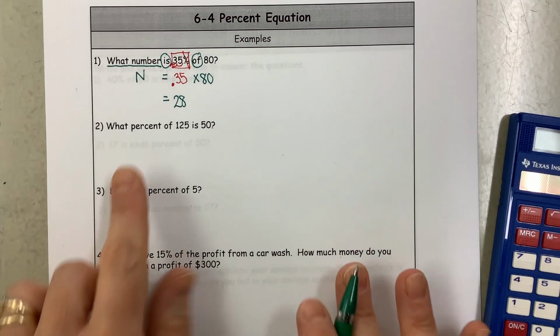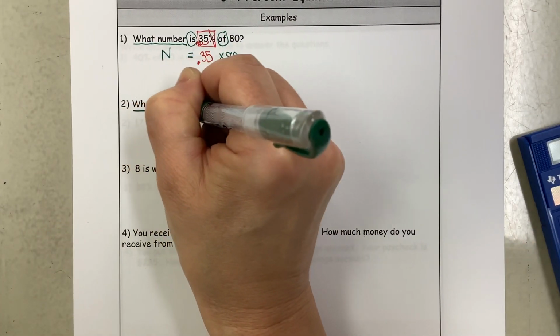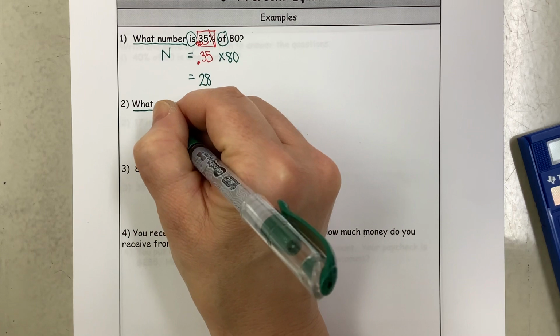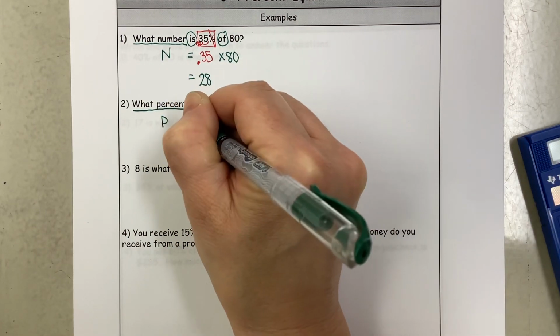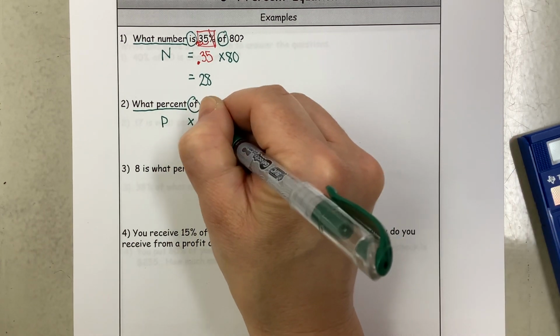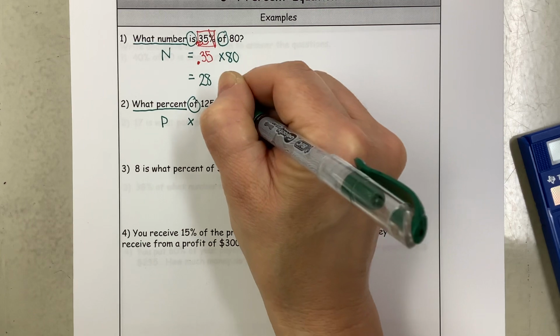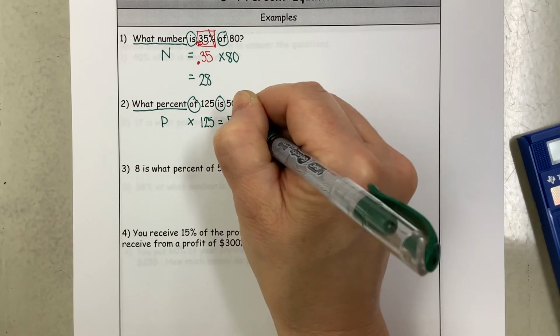Alrighty. So let's try this next one. This time it says what percent. So I am looking for the percent. Of is multiplication, and we have this 125. Is an equal sign, and 50.